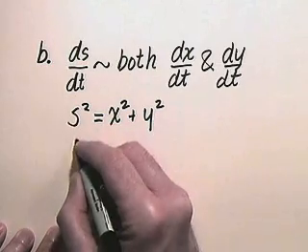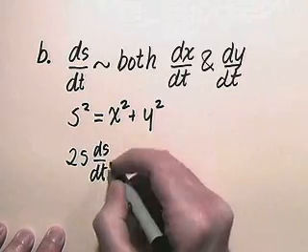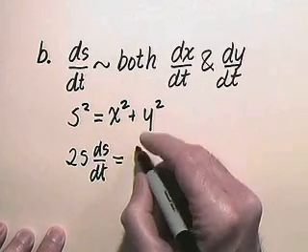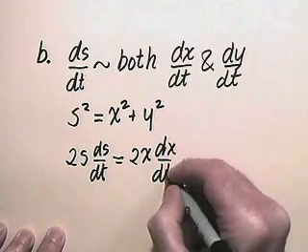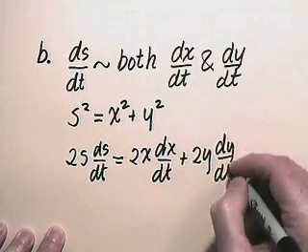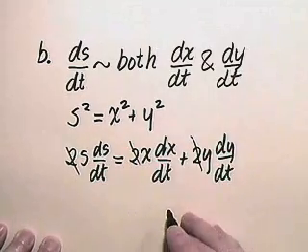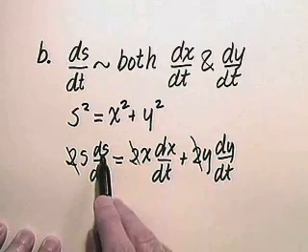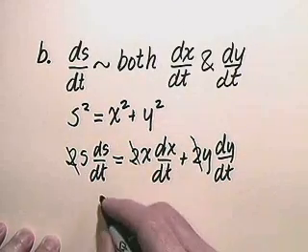The derivative of s squared is 2s times its derivative with respect to t, ds/dt, equals 2x dx/dt plus 2y dy/dt. Of course, we can cancel the 2's since they occur in every term, and now I can get ds/dt isolated by simply dividing through by s.